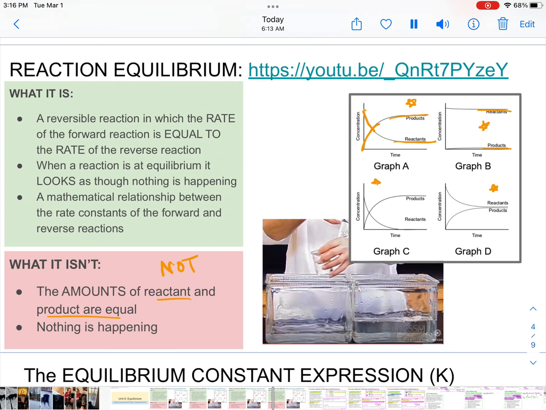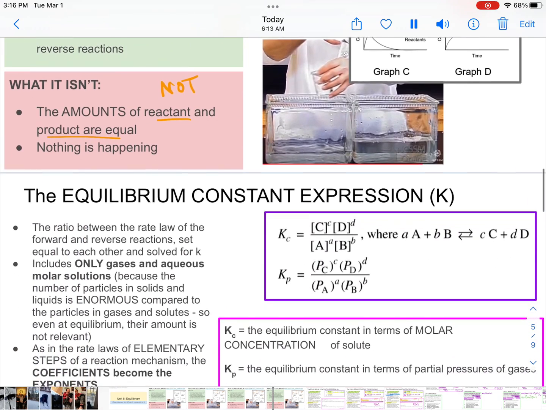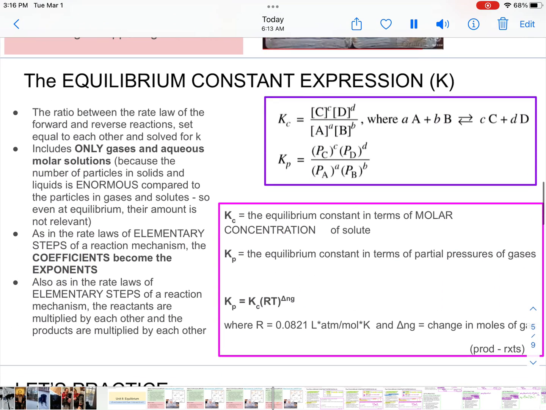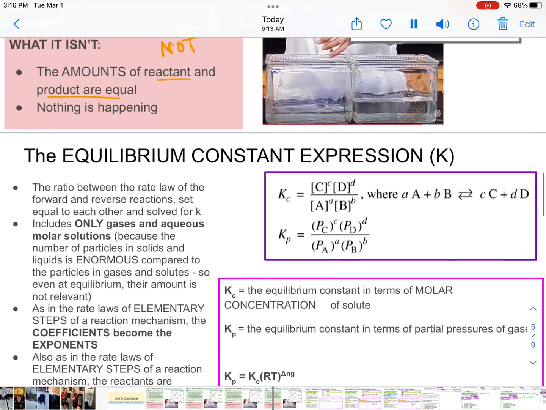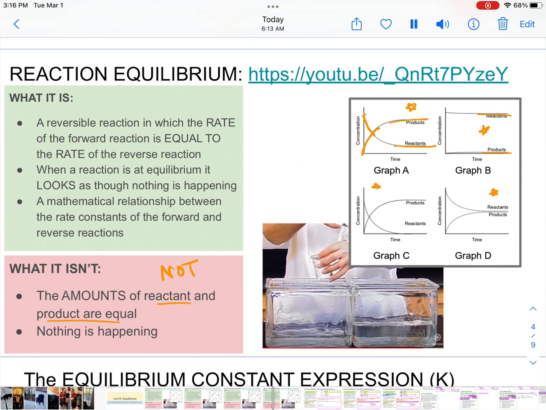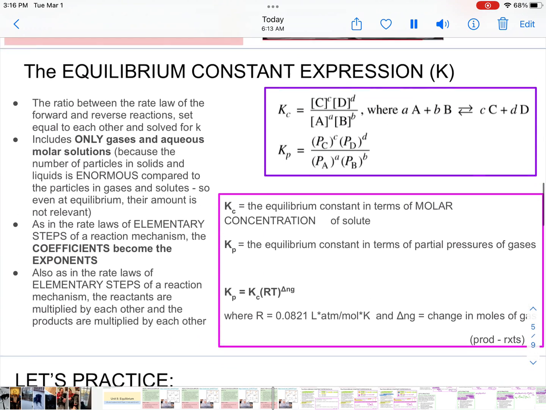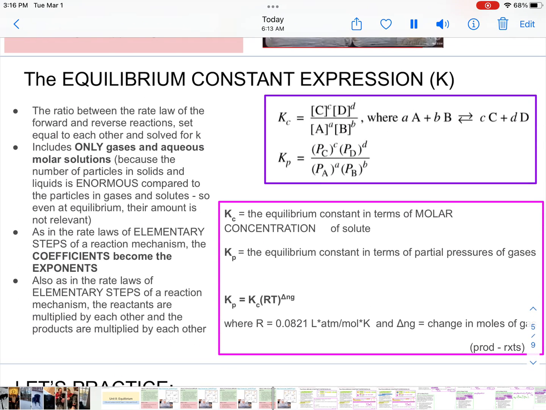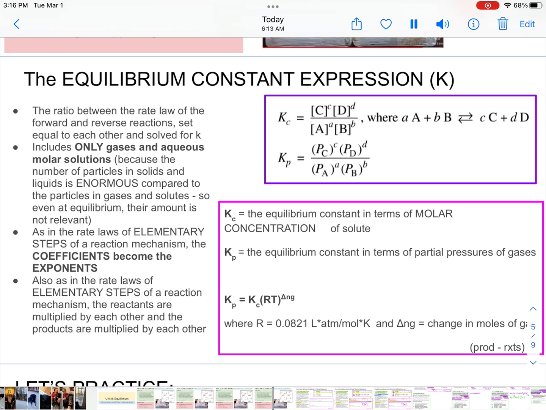Okay, let's move on and talk a little bit mathematically. We can refer to the extent of the reaction and the relationship of products and reactants by using the equilibrium constant. Your book does a lot of derivation to show how it comes from the ratio of the rate laws of the forward and reverse reactions.